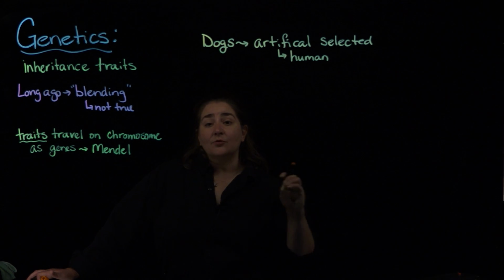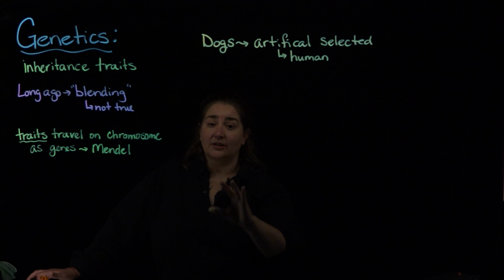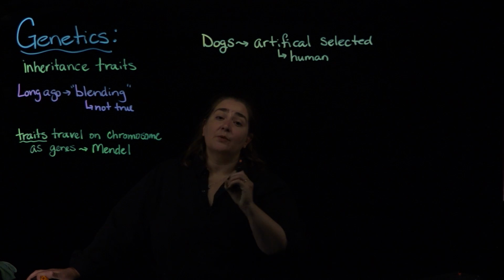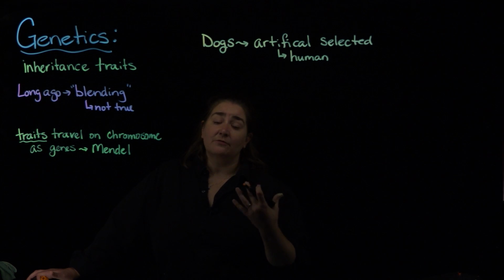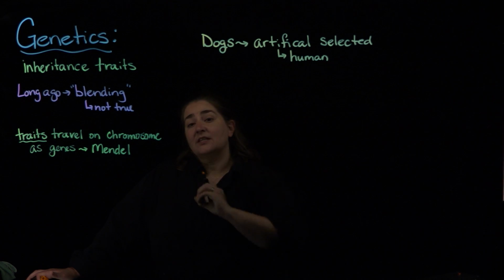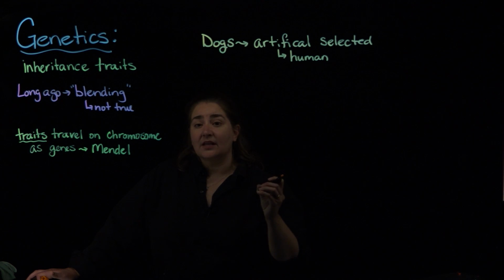Now, those that kind of stayed in and around the camp were going to be the ones that were a little more docile, a little less wild, all right? So essentially what happened is you're selecting for a particular trait, whether it be behavioral or whether it be a physical trait, okay? Once we established dogs, then people started selecting for physical traits that they liked.